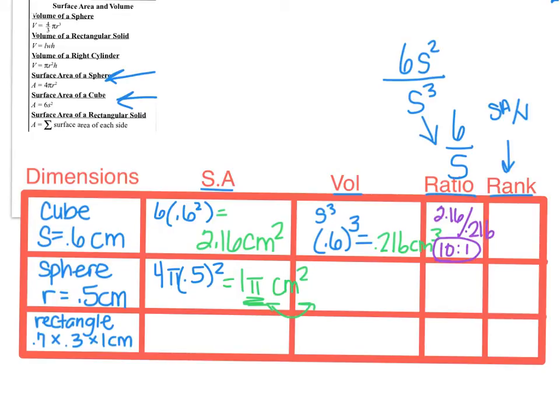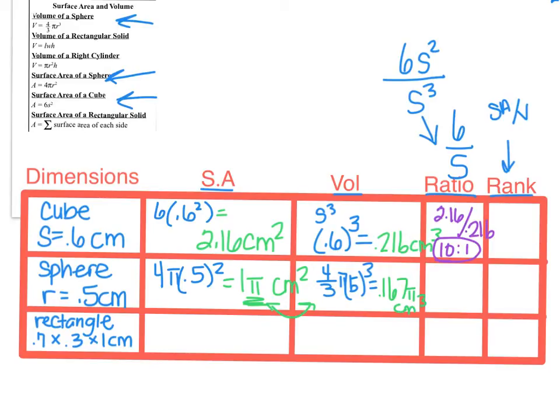Now for our volume of a sphere, it's up here, 4/3 pi r to the third. So 4/3 pi, again 0.5 to the third. And for that we get 0.167 pi, and that's going to be centimeters to the third.